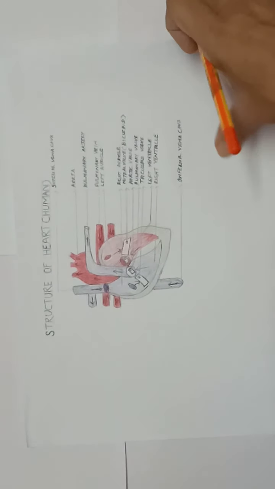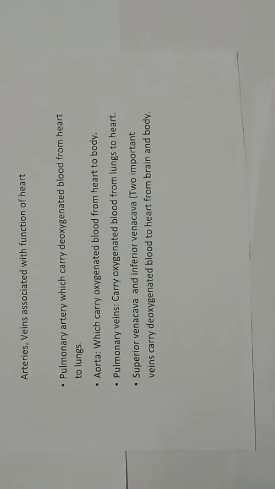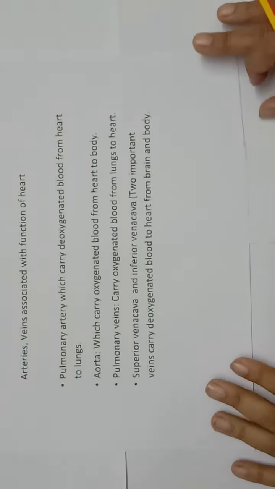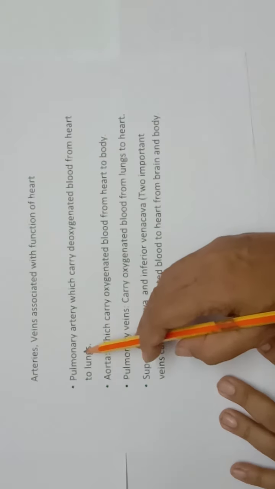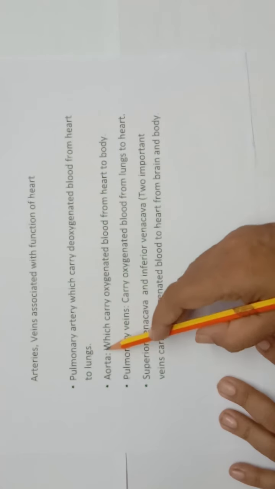Then we will know about the main arteries and veins associated with the function of the heart. Let's see. First one is the pulmonary artery, which carries deoxygenated blood from heart to lungs.